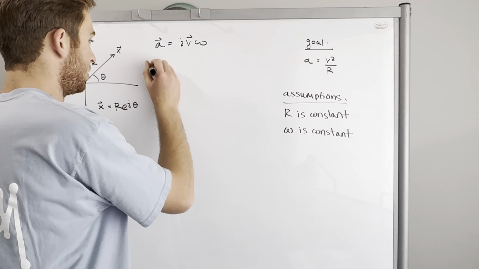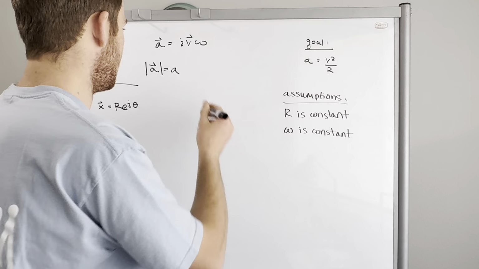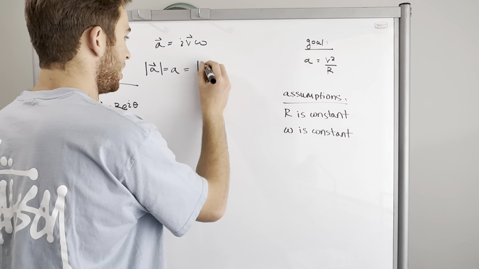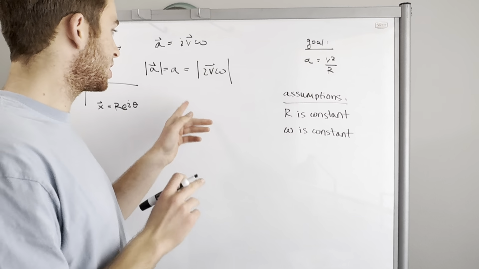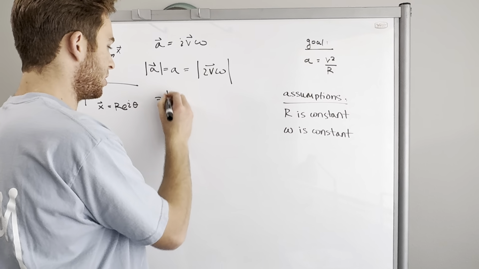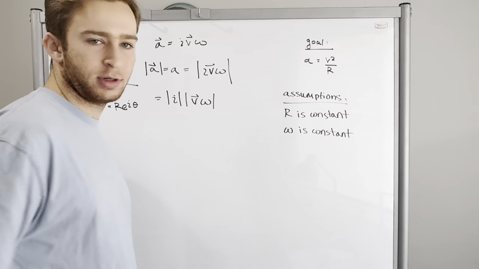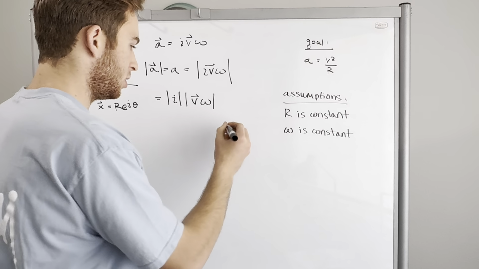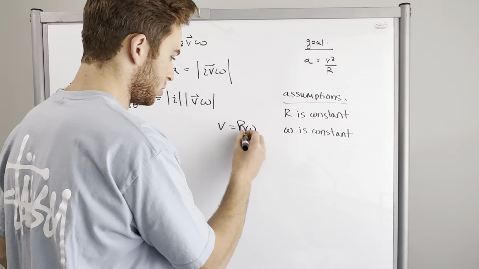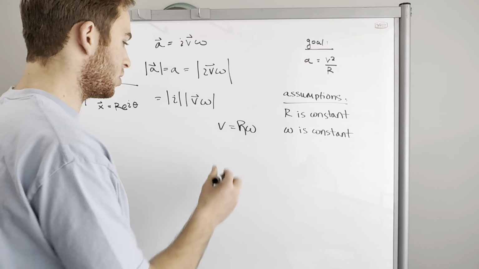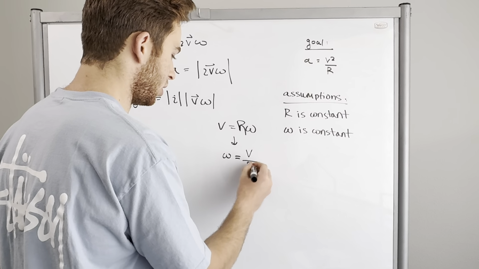So if I want the magnitude of a, or just a without the little vector sign on top of it, then I've got the magnitude of i times v times w. And now I can split this up. I can say that this is equal to the magnitude of i times the magnitude of v times w. Now I'm going to make a little substitution. We know that v equals r times w, so you can go from there and say that w is equal to v over r.